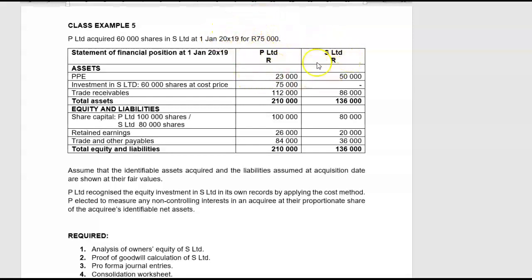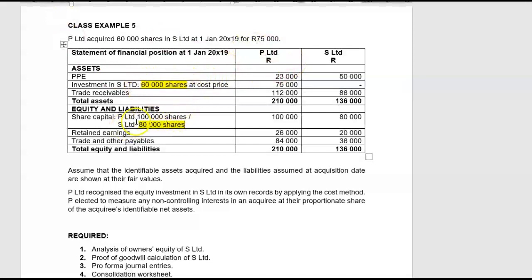Statement of financial position of P and S. Assets: PPE 23 and 50. Investment in S Limited, 60,000 shares at cost price, 75,000. Trade receivables, 112 and 86. Equity and liabilities: share capital of P Limited, 100,000 shares; S Limited, 80,000 shares.